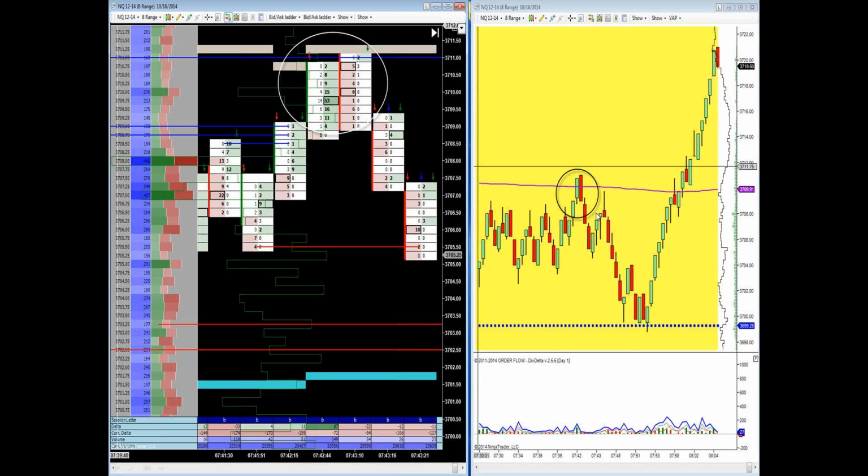So here you can see this is 7:43 this morning. I'm up at the point of control here. At this point, I don't know, is it going to break out or is it going to pull back off that area? So I'm a little bit patient, and I can see here we've got a positive delta, and then we get an increased number right as it's coming into resistance.